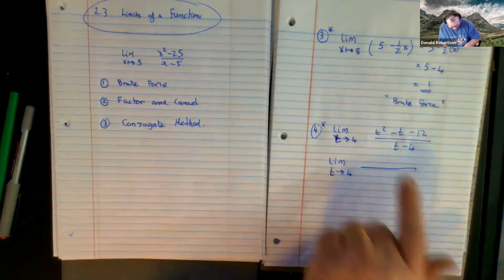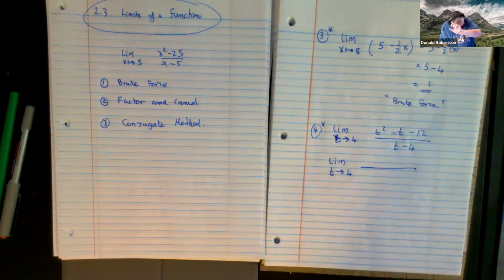If I did brute force, can you trust me? You get 0 over 0, right? Just trust it. It doesn't work, right? And 0 over 0 we call indeterminate form, because it happens so often that we even have a name for it when it happens, right?